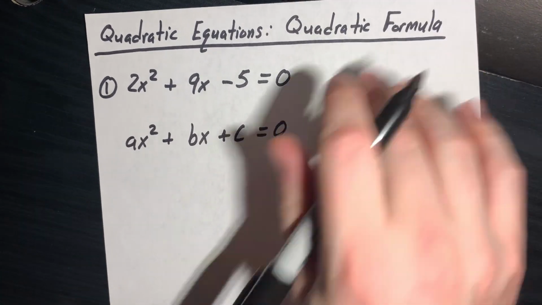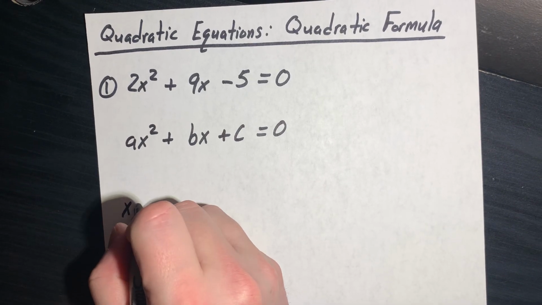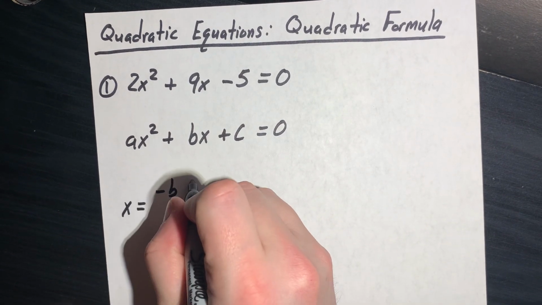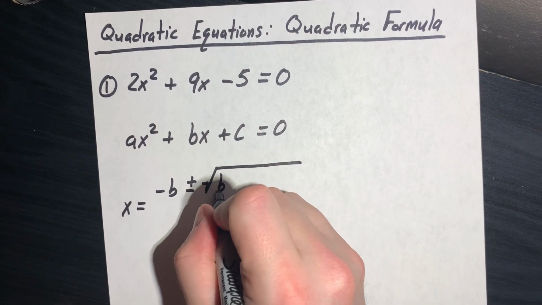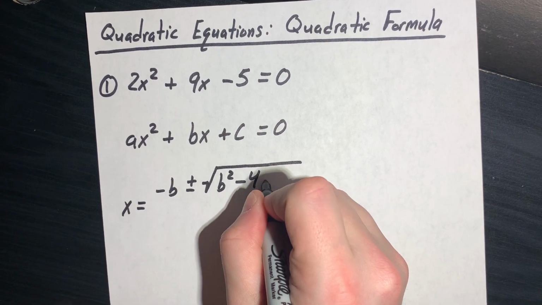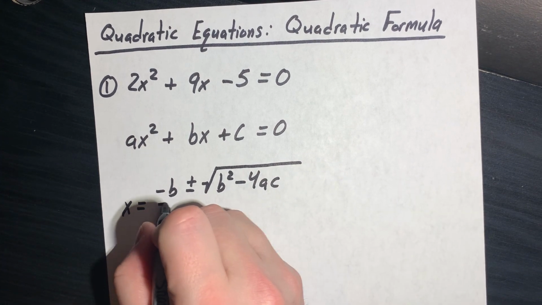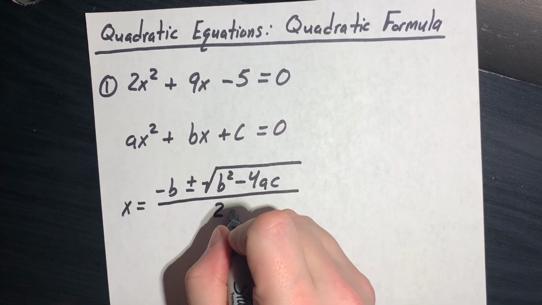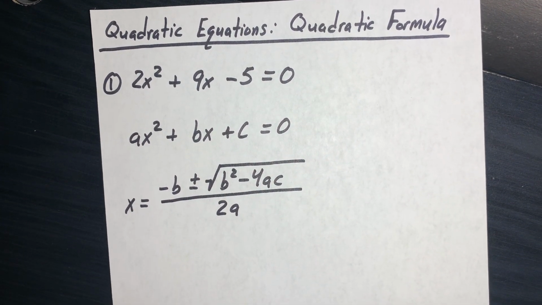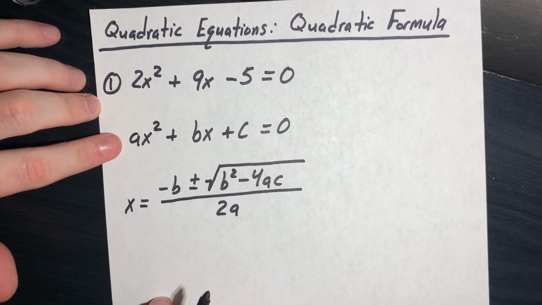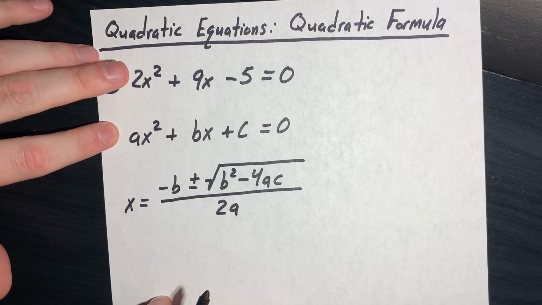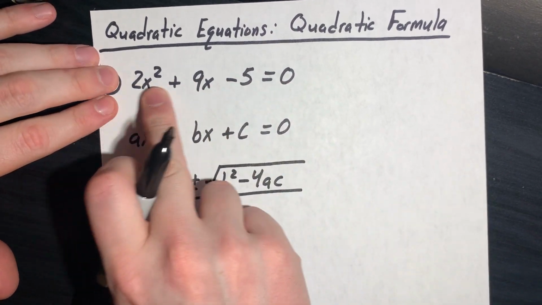So the quadratic formula is x equals negative b plus or minus square root of b squared minus 4ac, all over 2a. So notice we want our quadratic equation in this form, and it's already set equal to 0, and it's in that form.